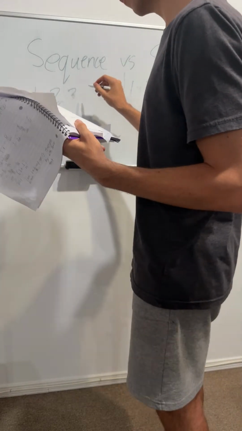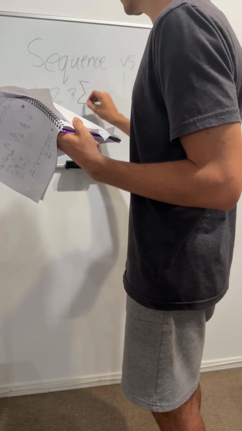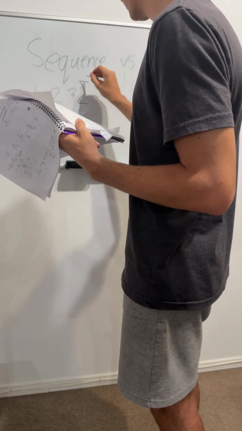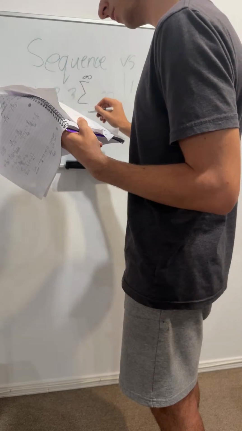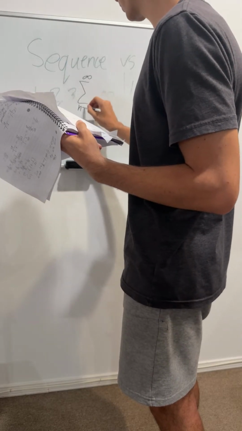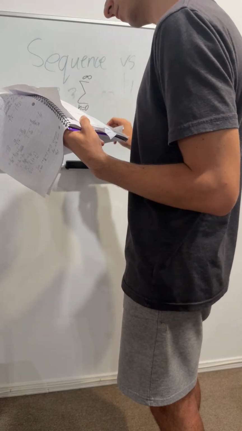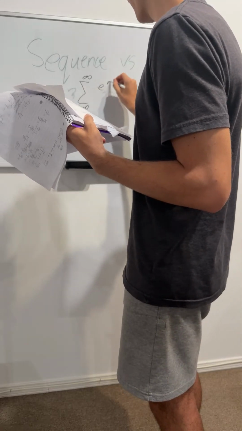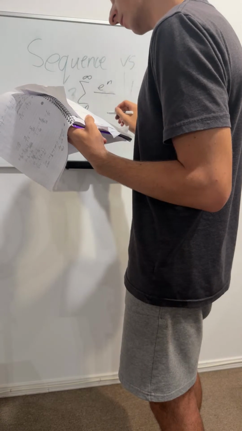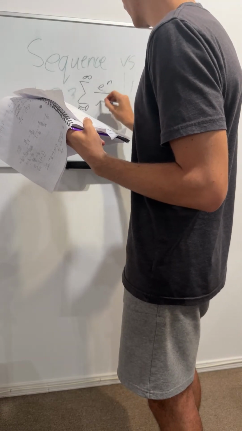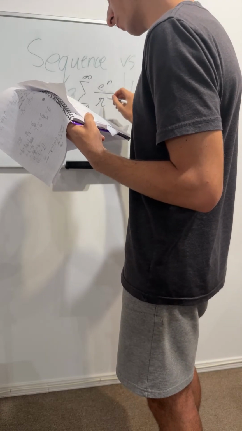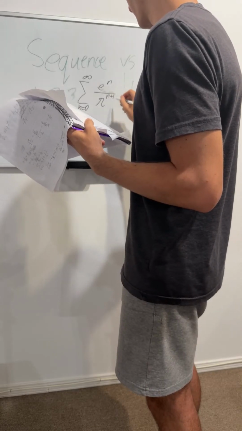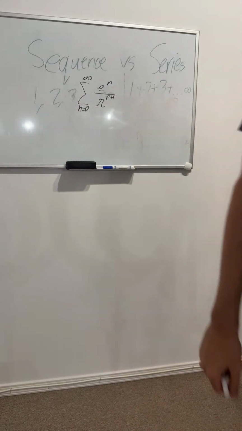So 20. We have the summation, n equals 0 to infinity, of e to the n over pi times n to the n plus 1. Let's check footage really quick.